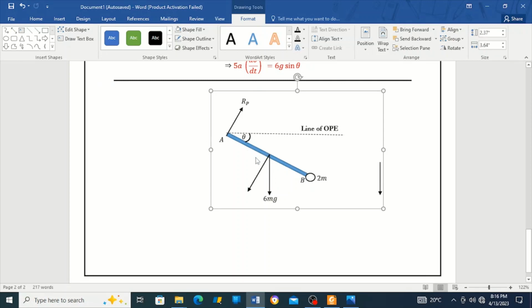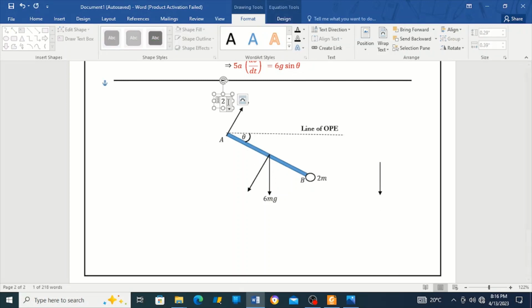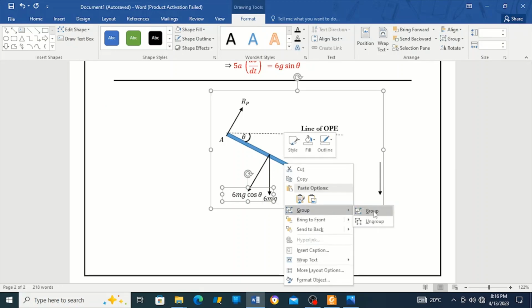So we have 6mg cos theta. If we were involved with the parallel component, we would get 6mg sin theta. But since we are not interested in that, we just have our component of the weight of the system, which is perpendicular to the rod.